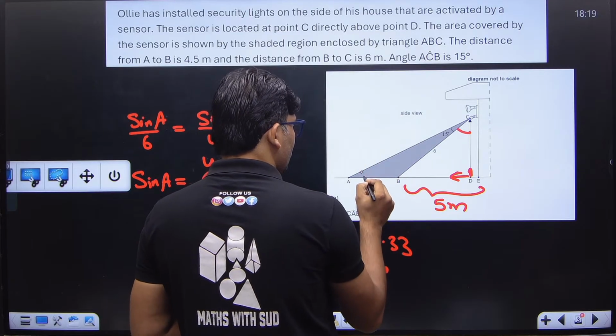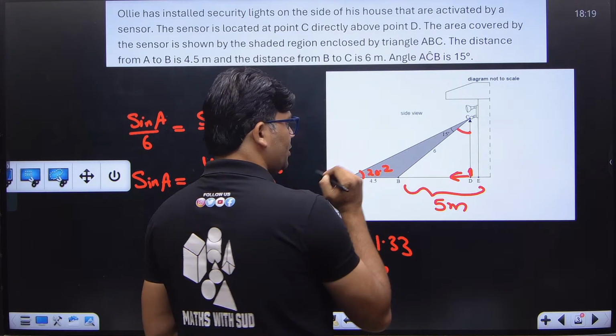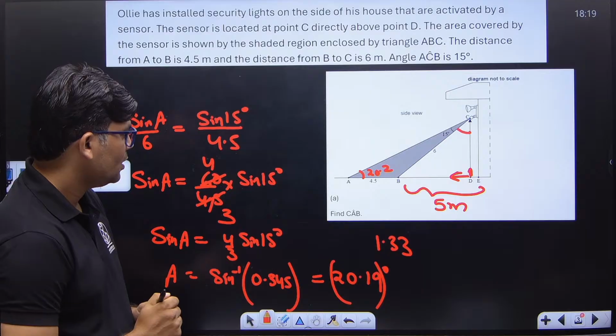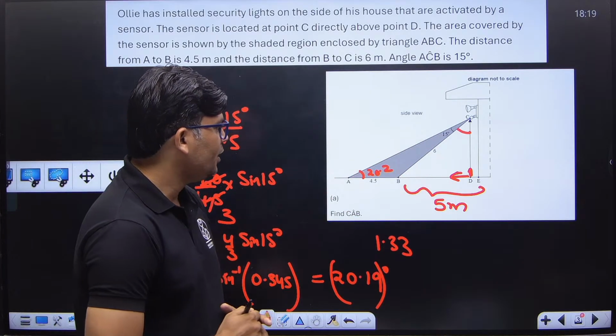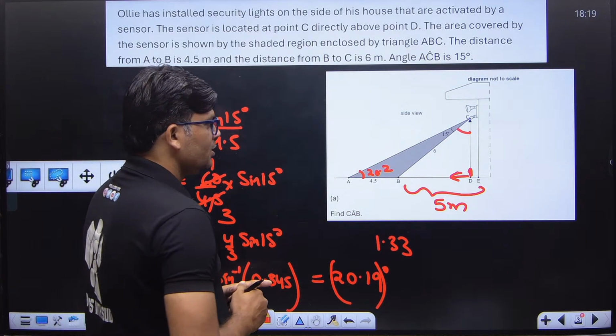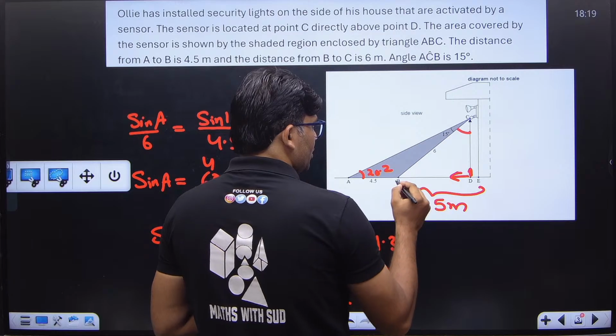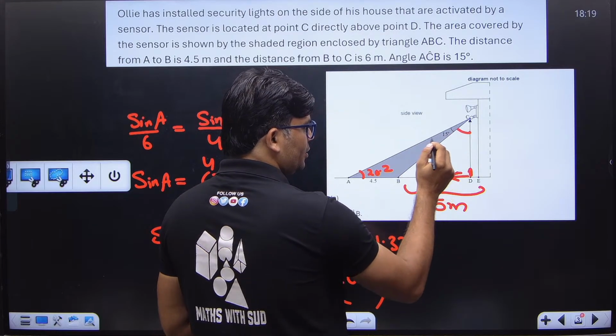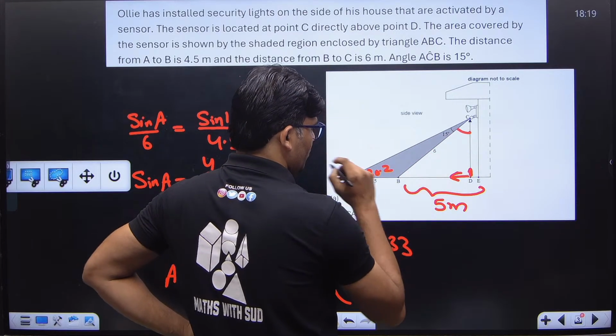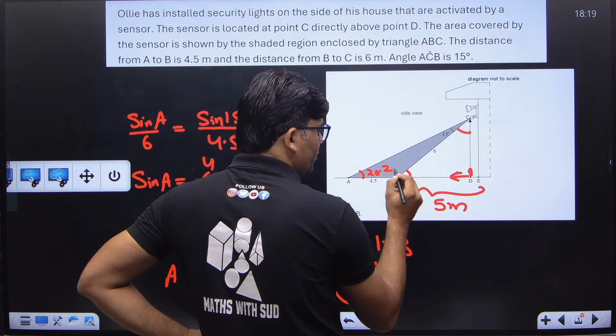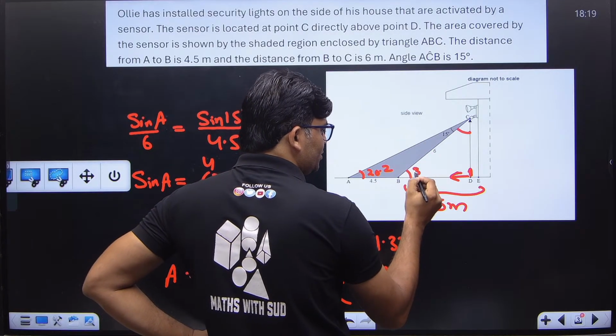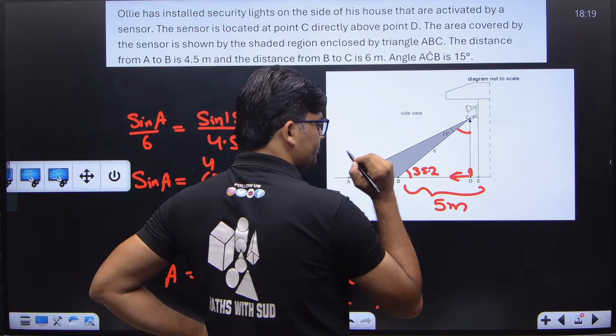This angle came out to be 20.2, right? Yeah. And this angle is 15 degree. That means, and this angle is 90 degree. No, is this 90? No. So this angle is going to be 20 plus 15, that is 35.2 degree.